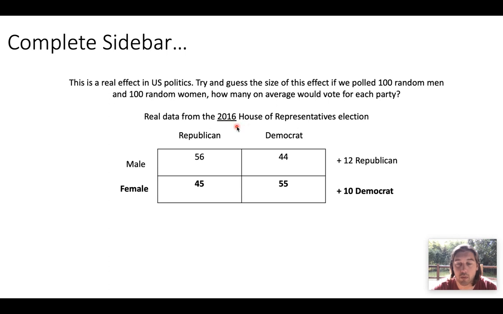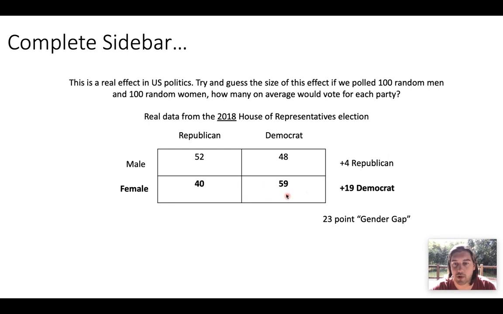A Republican won the presidential election. And so we can see that that has sort of skewed these numbers from the 2018 election, when women were much more heavily Democrat and men were much more even or close to even. And 2018 is the midterm election when Democrats took back the House of Representatives.